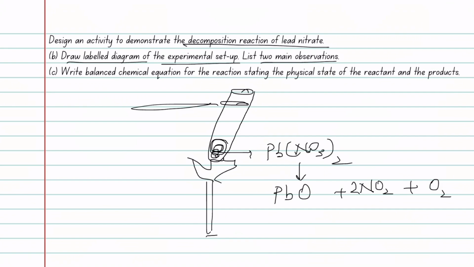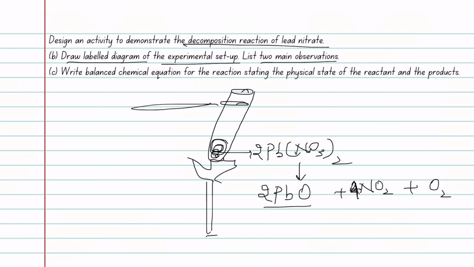So all we can do is put a 2 here. In that case, now we have 4 nitrates. So let's put a 4 here. Okay, now let's see. And we will obviously have to put a 2 in front of lead oxide because we have 2 lead nitrates. Now let's see. It's balanced, right? Okay, so now this is the balanced reaction.